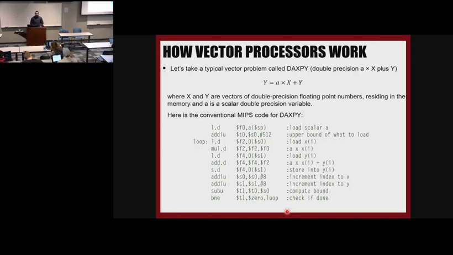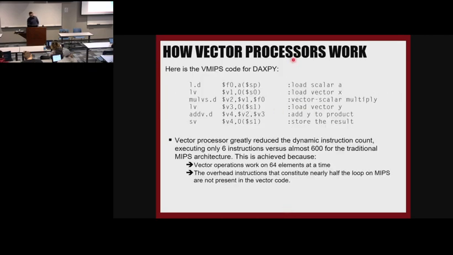Now let's say we have the VMIPS instructions as architecture and see how it works. If we have the VMIPS code, we can load the scalar value to F0. Then we have an instruction called LV, which loads the entire vector. You load the entire vector, starting from the first element, and move it to V1.